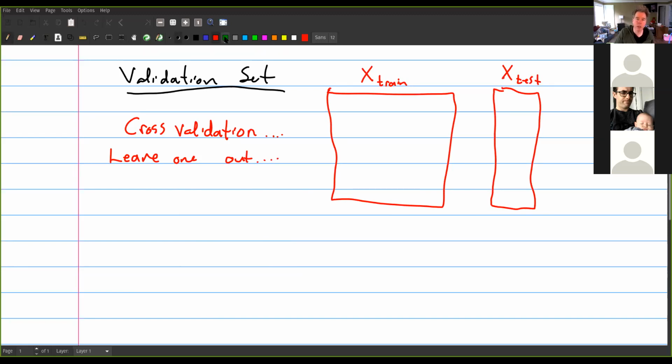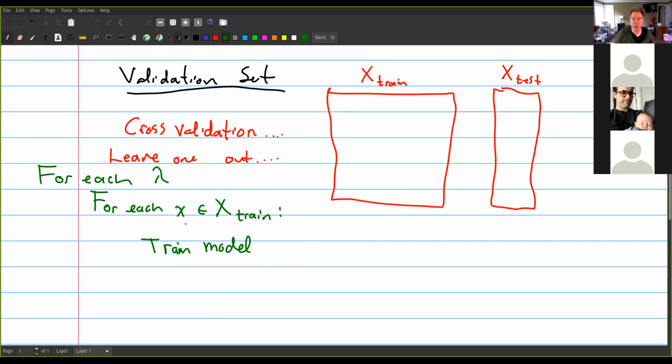With leave one out cross validation, for each x in the training set, X train, we are going to train a model. This is for whatever hyperparameter we're considering, so we do this whole process for each hyperparameter. For each hyperparameter, for each training point, we train a model on X train minus x.